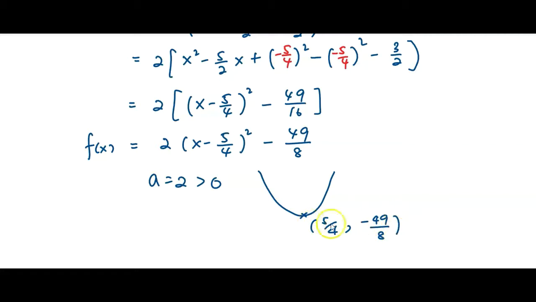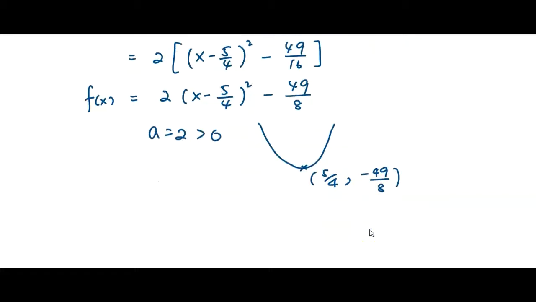Now you can just sketch the graph. If you want to sketch a graph, you can also get the roots at once, meaning that you let f(x) equals to 0 and solve for the roots first.